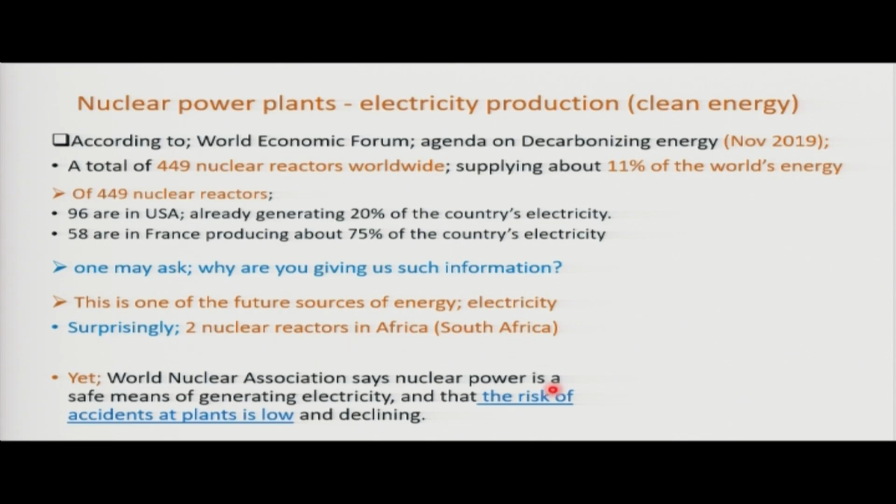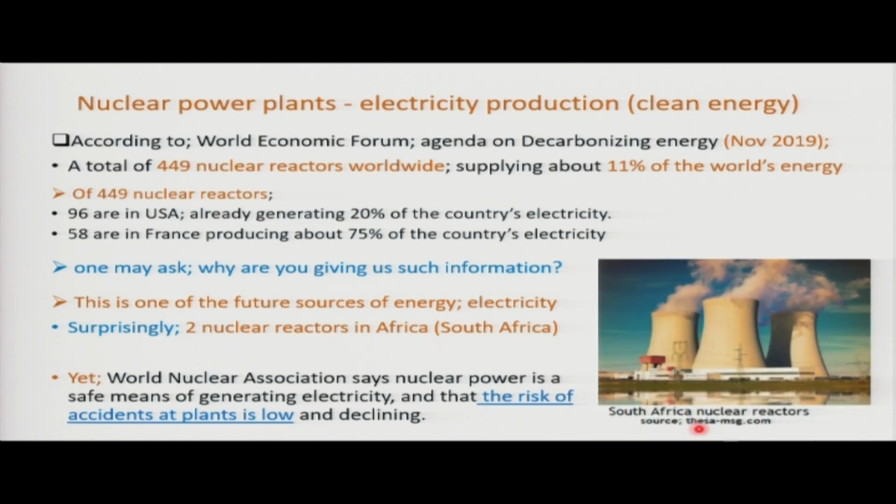And yet, people are shifting from hydroelectric power to nuclear power because it is safe. According to the World Nuclear Association, the risks of accidents at the plants are very, very low. And as we've noticed, we are surrounded by many radioactive elements which we can put to use.